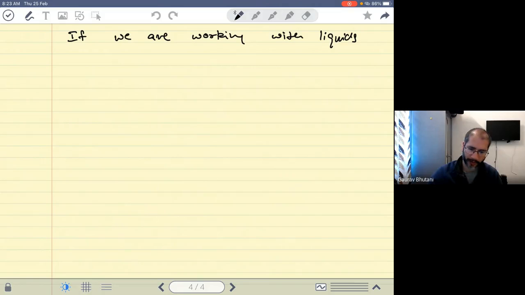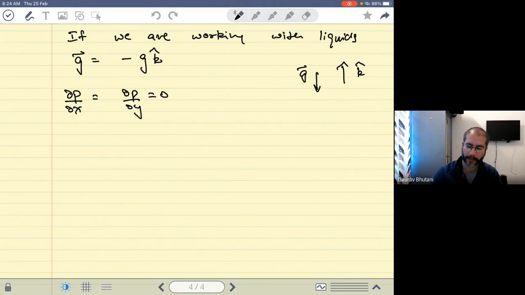So let's expand this first. We have g being given as minus g along k cap. So let's say this was your k hat direction, then g is going downwards, so g can be written as this. What that means is your del p by del x and del p by del y are both zeros, because this minus g k hat has to be equal to the left hand side.